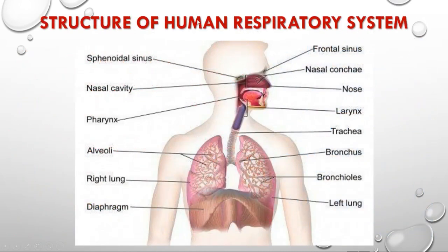We are going to start with the important part of this respiration chapter of life processes. This is the most important and vital part, which is the structure of the human respiratory system. We now enter the human respiratory system, which is the most complex place where respiration occurs.